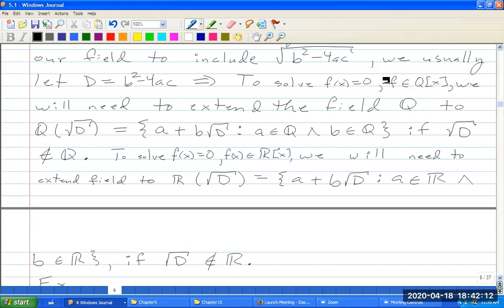You can write it either way. Usually I write it as f of x, but it doesn't really matter. We will need to extend the field to include a plus b rad d, where a is real and b is real, and the square root of d is not real.